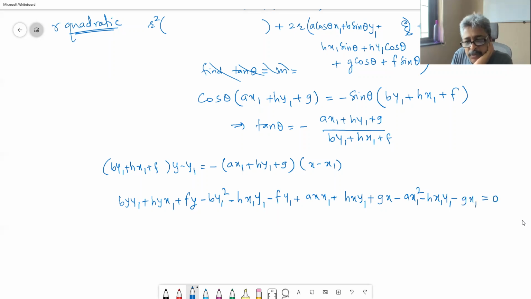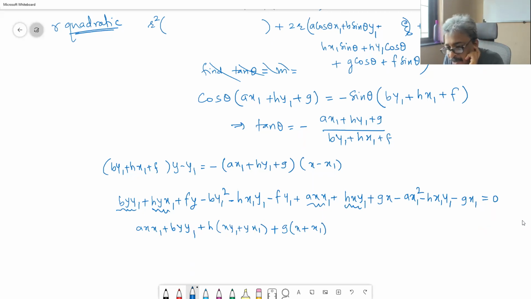Very good. Now let us collect terms. axx1 plus byy1 plus h(xy1 plus yx1). Now why are we doing this? Because these are familiar to us. Plus g into (x plus x1), because we were comfortable with this. But gx1 negative is available and positive is not, so we will take care while writing this negative and make it 2.